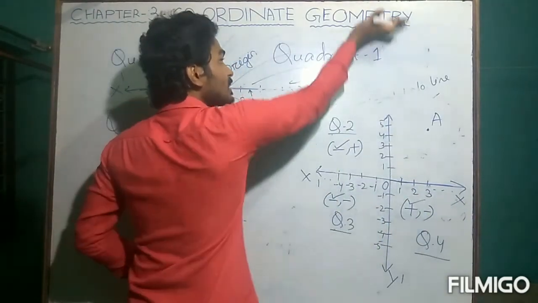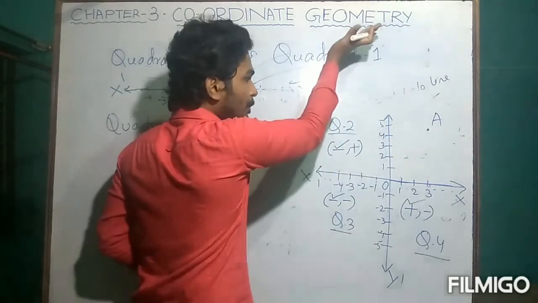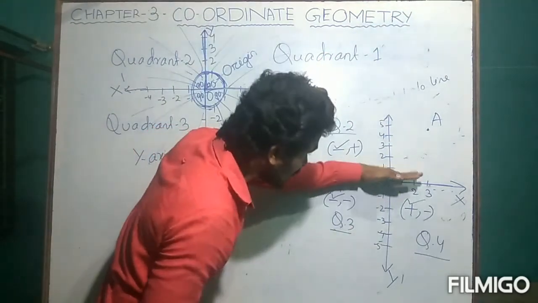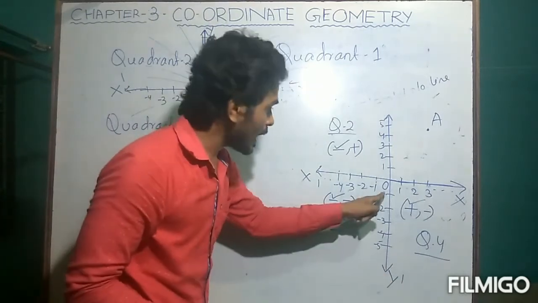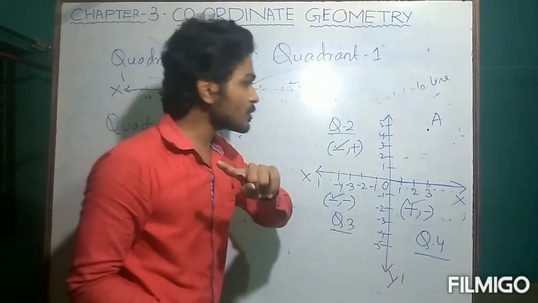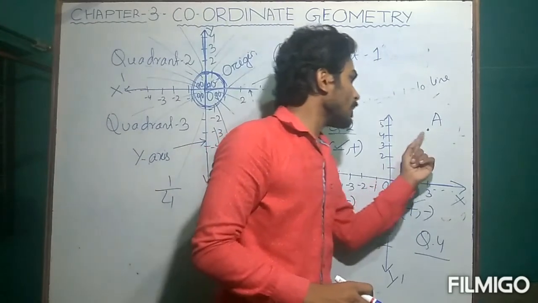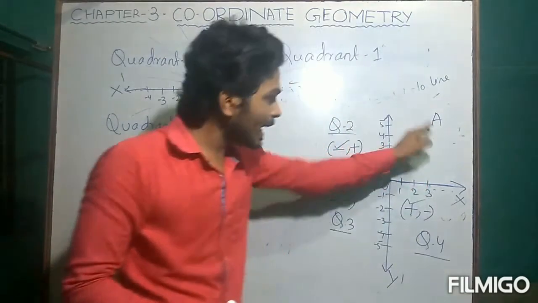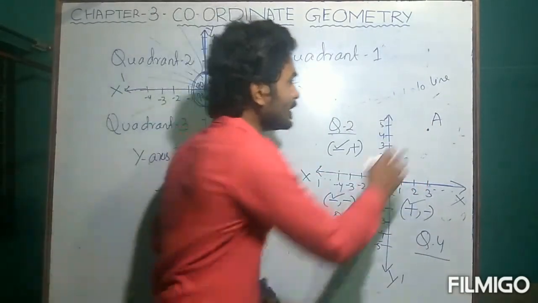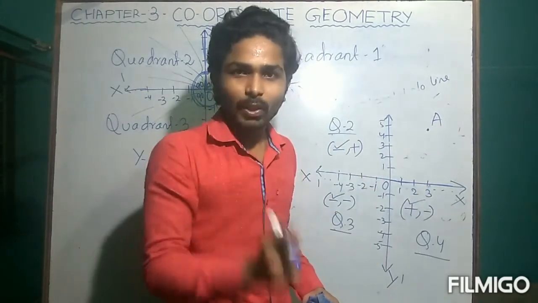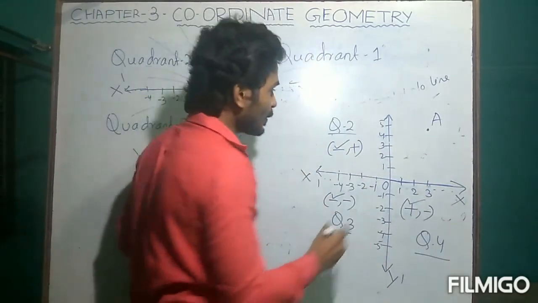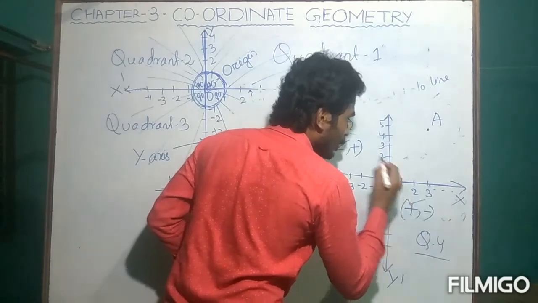All lengths towards the top are positive and all lengths going down are negative. This has to be remembered. Now your target is to reach A. In order to reach A, you have to start your journey from the origin.